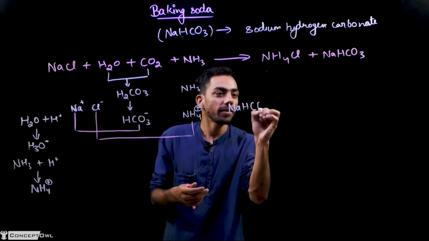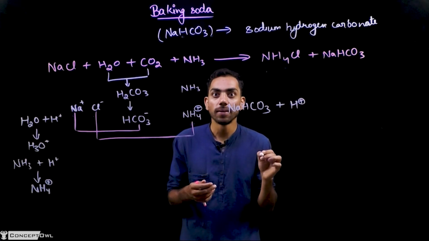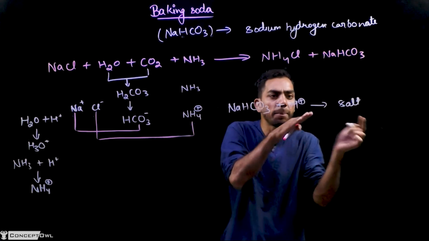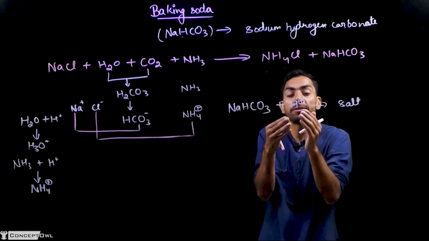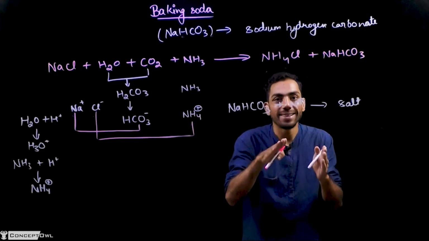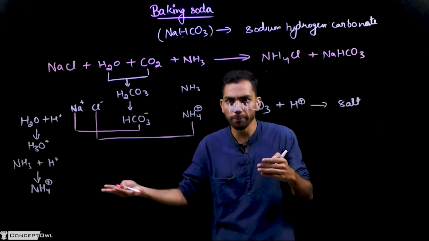NaHCO3 reacts with acid and forms a salt. The salt depends upon which acid you are using, so I am writing just H positive, which means it is coming from some acid. You can have HCl, H2SO4, or HNO3, any type of acid.